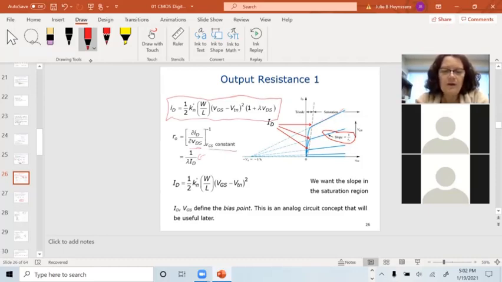You take that derivative, you get little RO is 1 over lambda ID. And this is an important enough effect in the transistor that it goes into the first order hand calculation model. Not even beyond what we do in SPICE, which is like Mentor Graphics or Multisim.